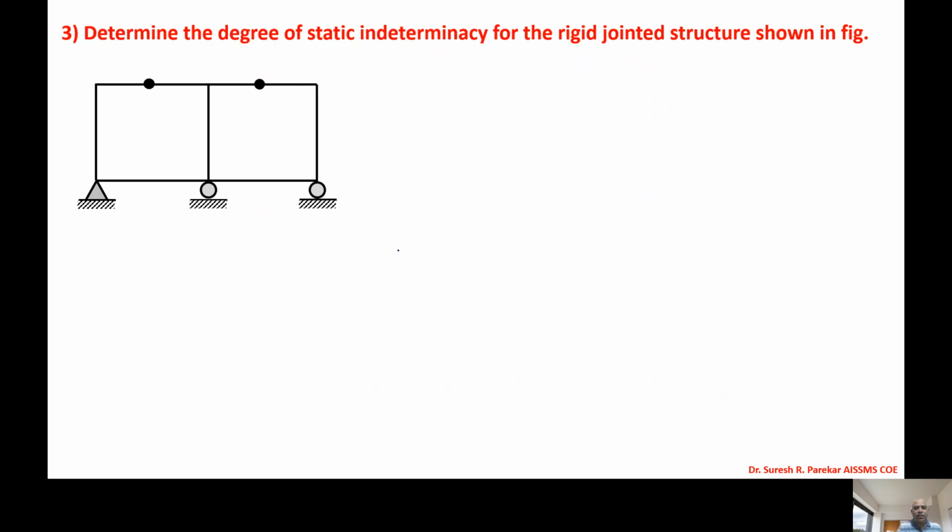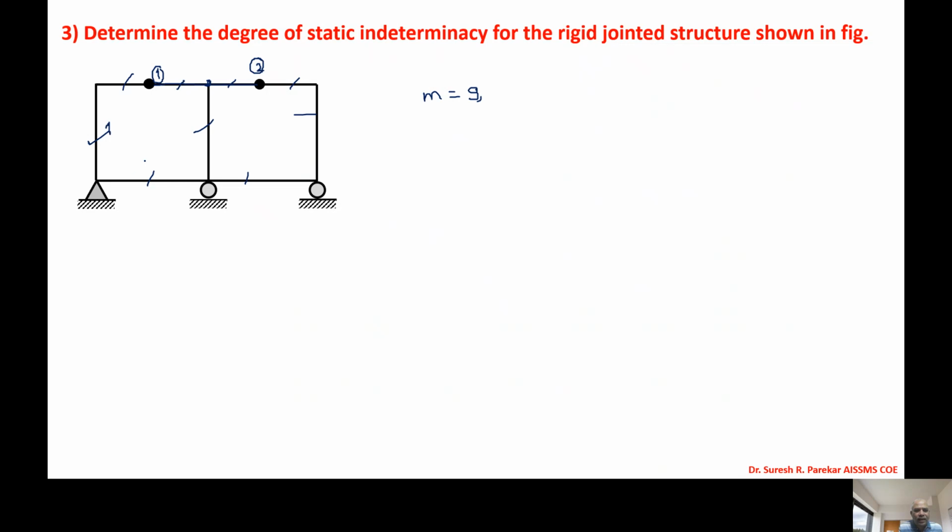Then we will go to the next problem, which is again rigid jointed, but we have internal hinges. This is one internal hinge, this is the second internal hinge. The formula we know. So first we have m, counting 1 through 9. So m is 9, because this is one member, then we have this also another member.